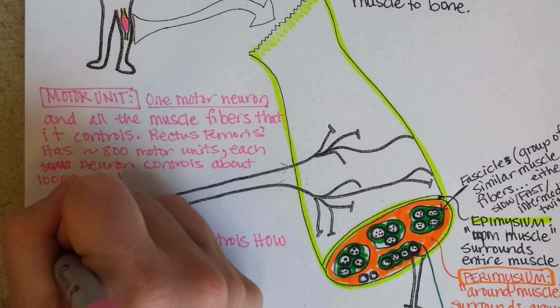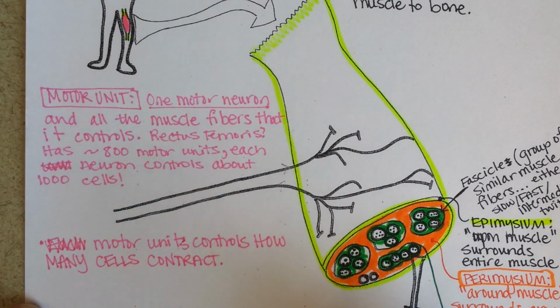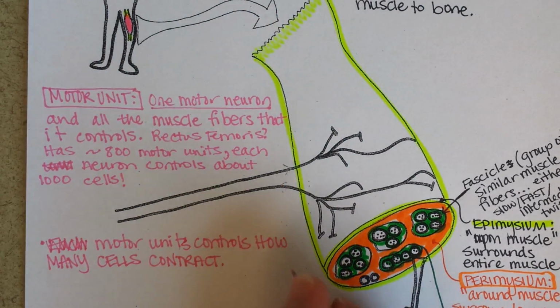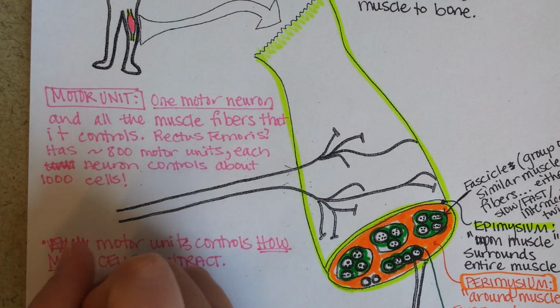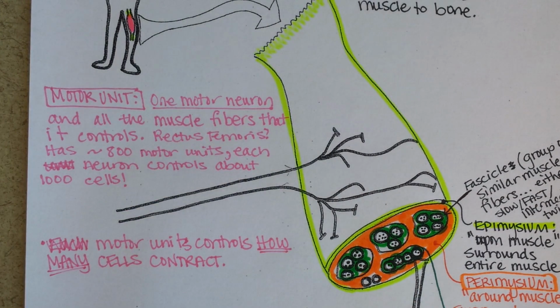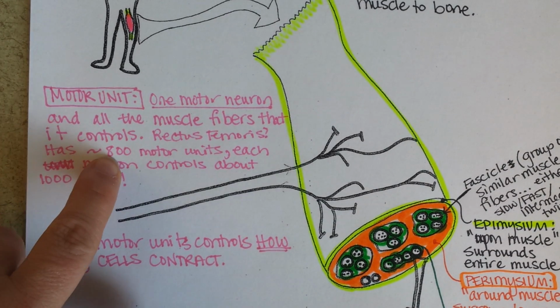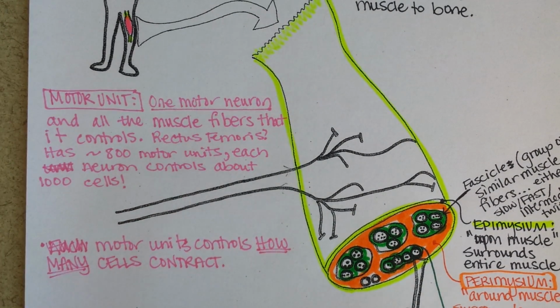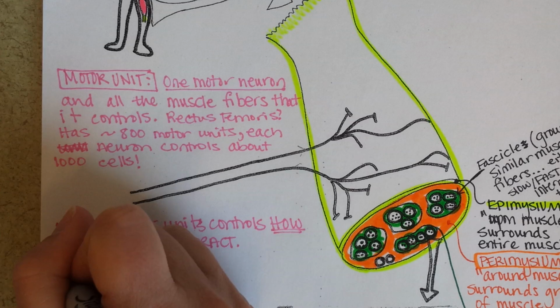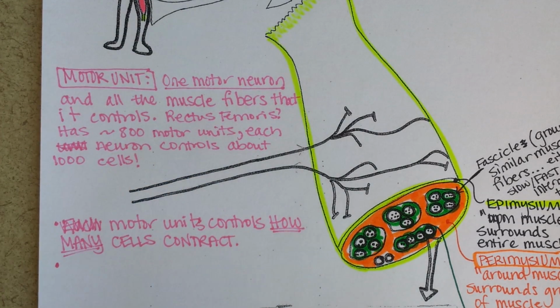So motor units control how many cells contract, right? If you have one motor unit, then you would have 1,000 cells contracting. If you had two motor units, you would have 2,000 contracting. Of course, if you got all the way up to 800 motor units, you're getting near on 1 million muscle cells contracting. And then what about how hard they're contracting, though?